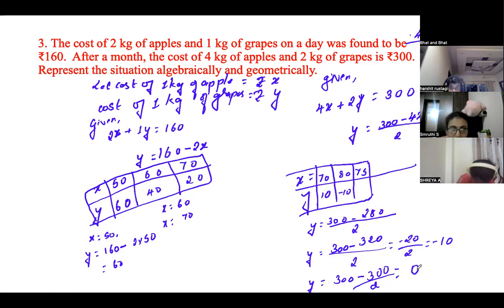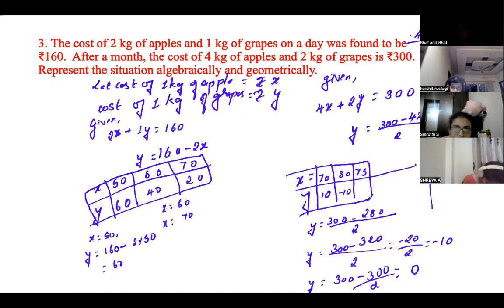They are intersecting, no? Parallel. Okay, now first condition, what we have to check if they are intersecting. They're parallel. Correct.